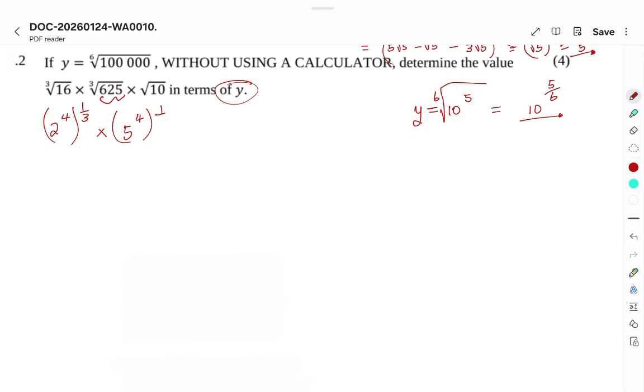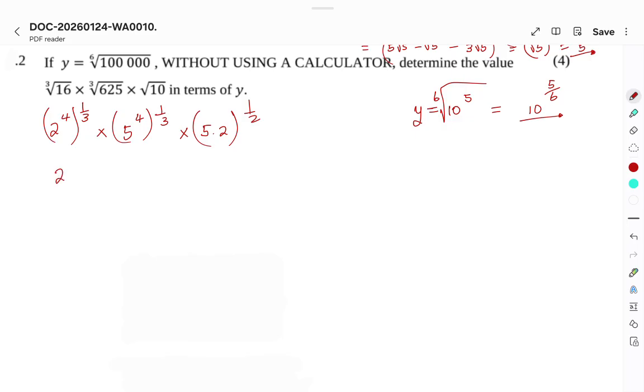And we are also going to remove the square root. Then we have the 10 there. So the 10 is the same as 5 times 2. And that one's going to be raised to the power of 1 over 2. Okay. So from here, let me simplify.